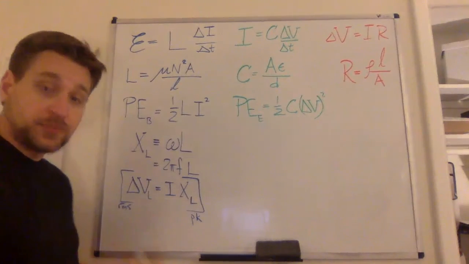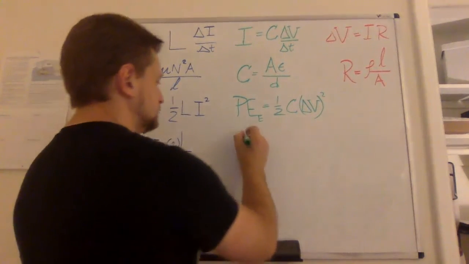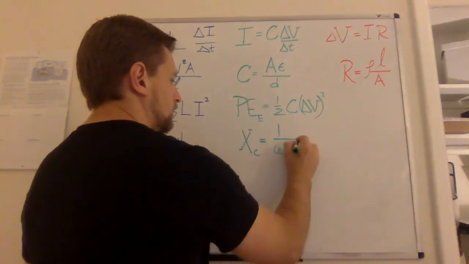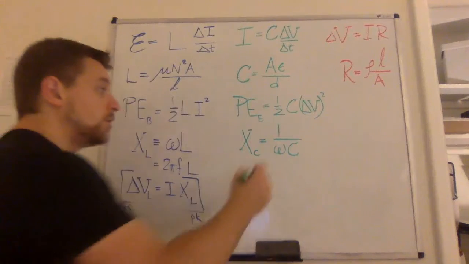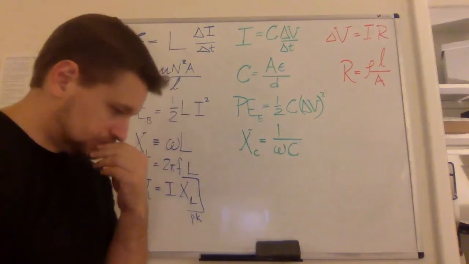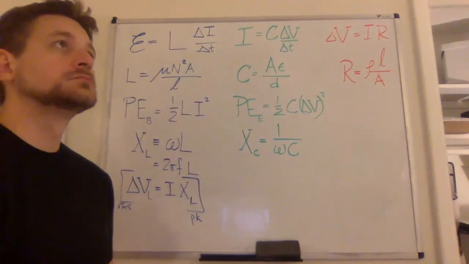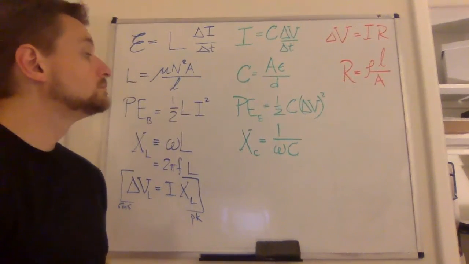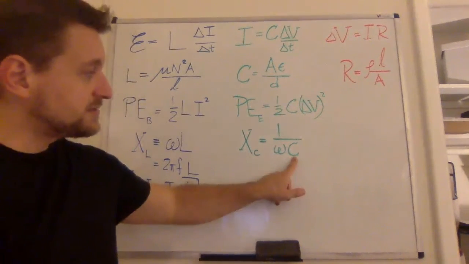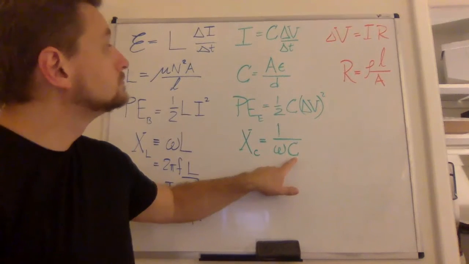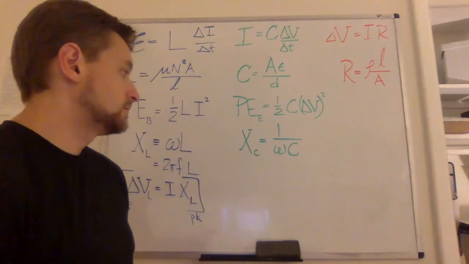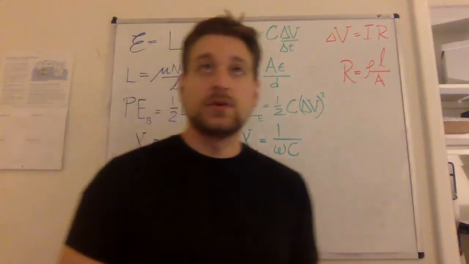We could make the same definition for a capacitor. Turns out to be 1 over omega C. The greater the capacitance, the less reactive, the less the capacitor gets to react when we try to pass current.